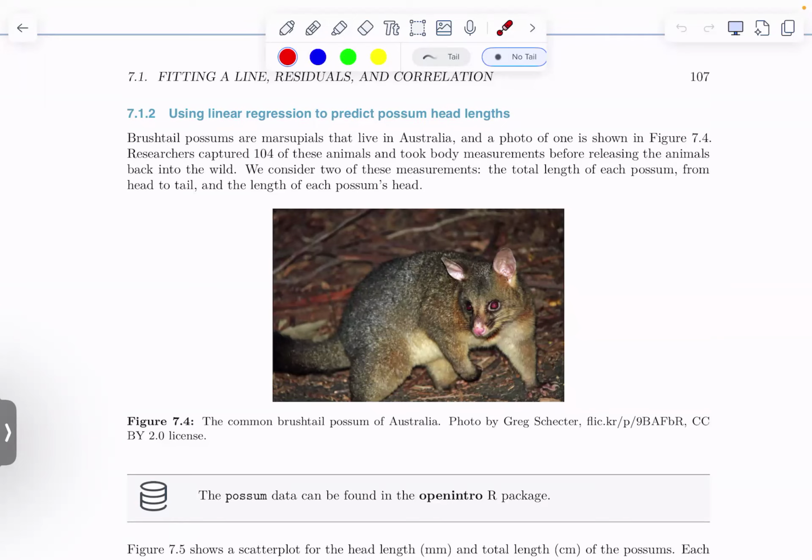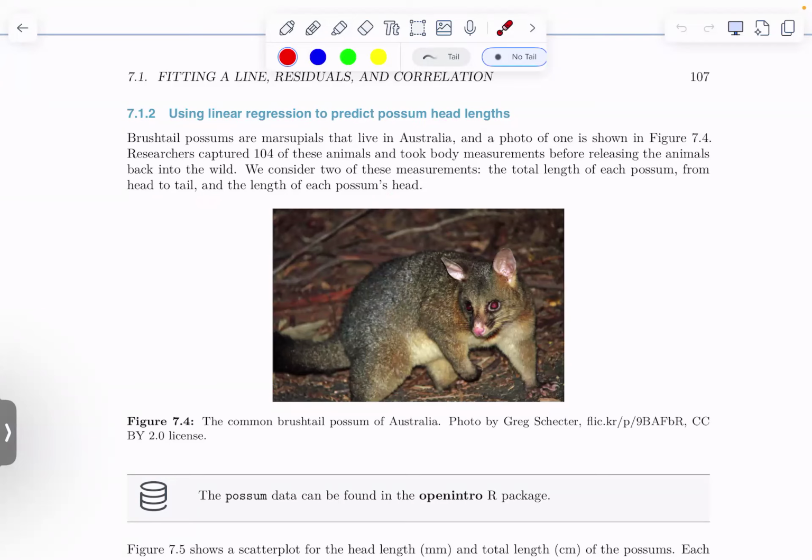So we've got data on these brush-tailed possums, and among other things, they measured the total length from head to tail and the length of the possum's head. We suspect there might be a relationship there, right? A really long possum with a tiny little head, cute, but probably kind of strange.